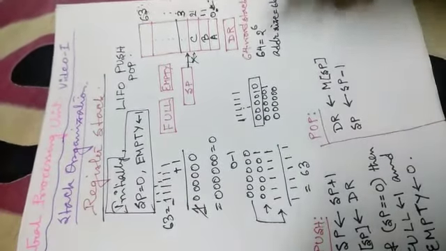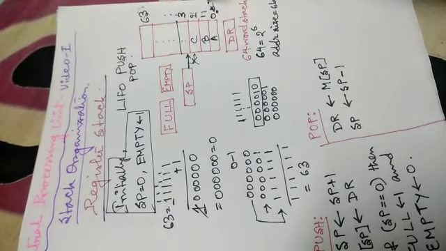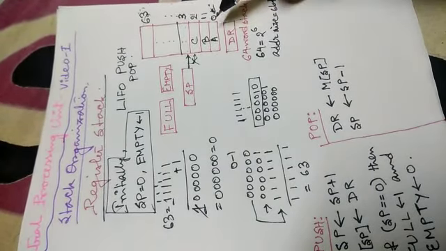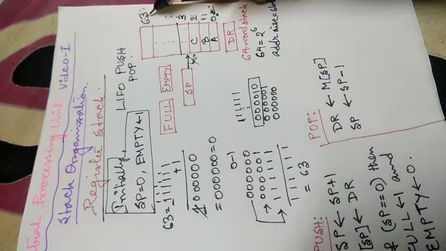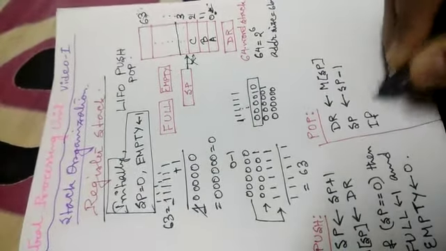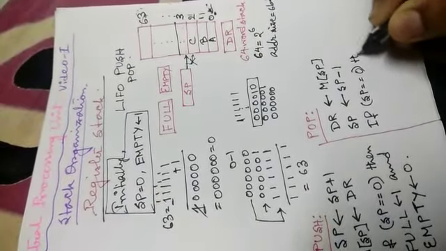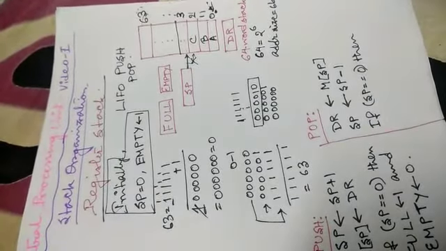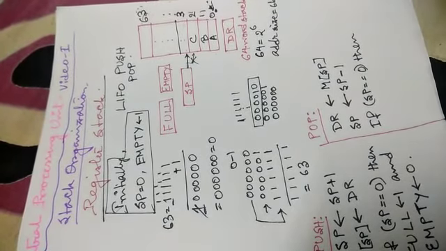That means if we try to delete when the stack is empty, if we then also try to delete or try to pop data, then the stack pointer will be pointing to this. Okay, so it is our condition. If stack pointer is equal to 0, then actually we shouldn't try to delete, that is we shouldn't try to pop data when stack pointer points to 0.